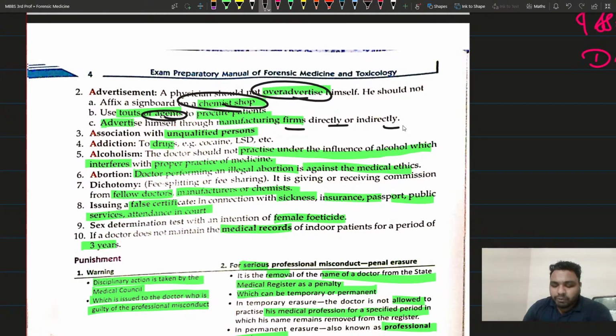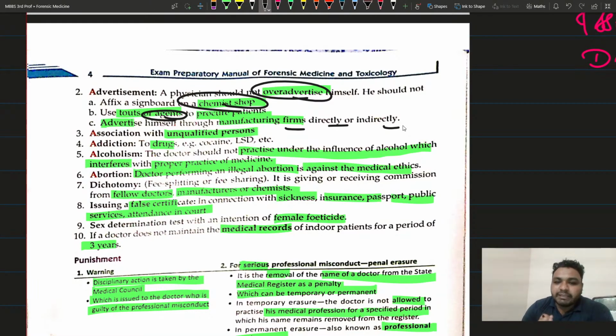Addiction: it is quite obvious that if a doctor is addicted to drugs, for example cocaine and speed, he will not be able to make any rational decisions. Alcoholism: the doctor should not practice under the influence of alcohol, which interferes with the proper practice of medicine.